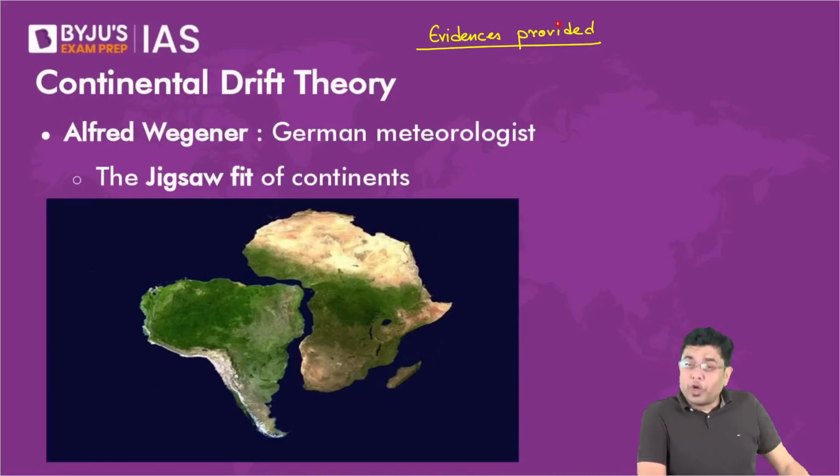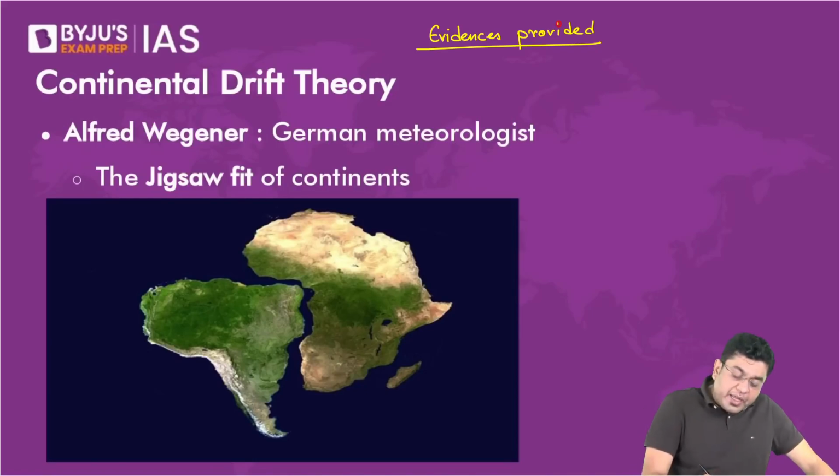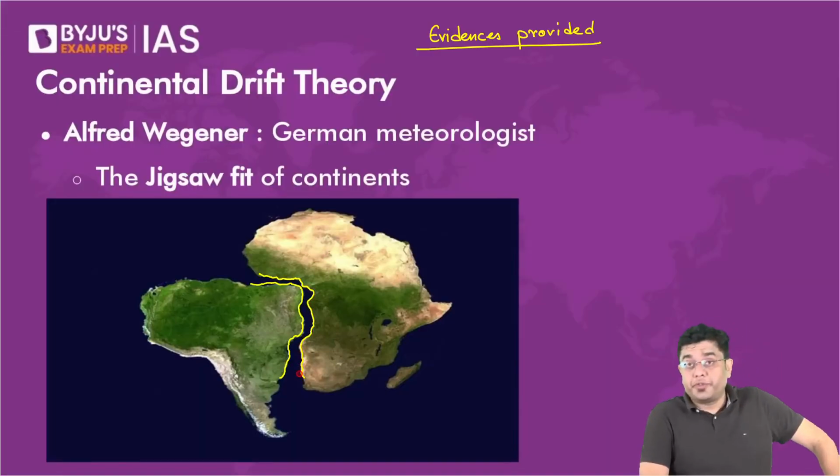When he took a look at their shape, they appeared to match with each other. That was too significant a fact to be referred to as a coincidence, where the continents would simply fit upon each other.